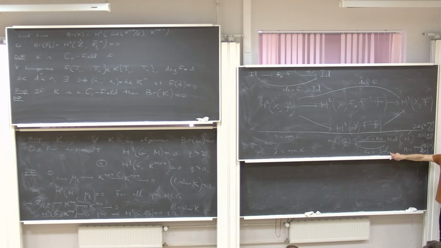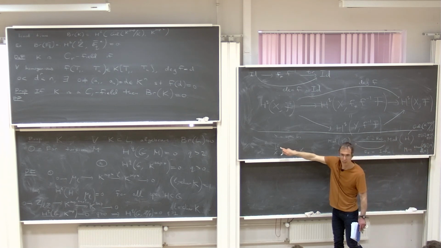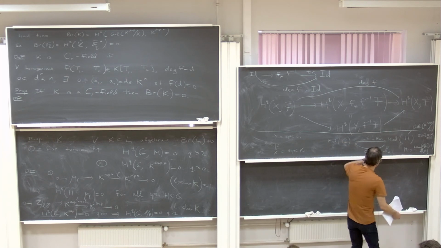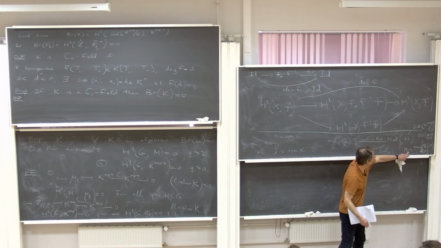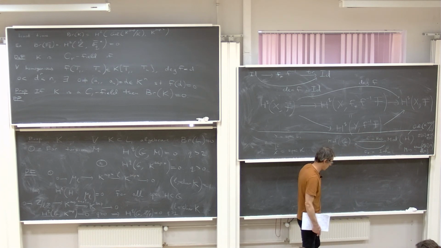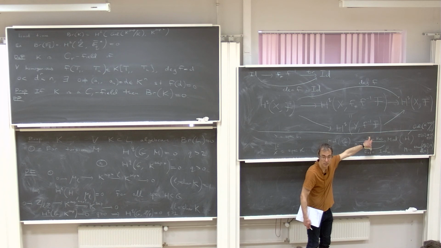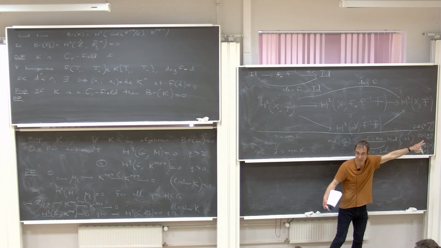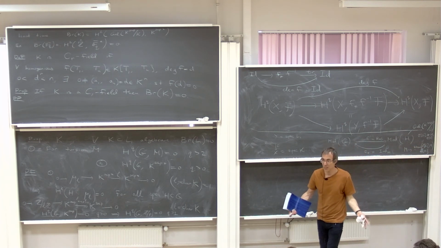When H has finite index in G, which corresponds to the fact that this is a finite morphism, the two constructions are the same. So one of these functors, namely this functor, is always right adjoint to F inverse. And this functor is left adjoint. So in the case when the index is finite, left adjoint is equal to right adjoint.